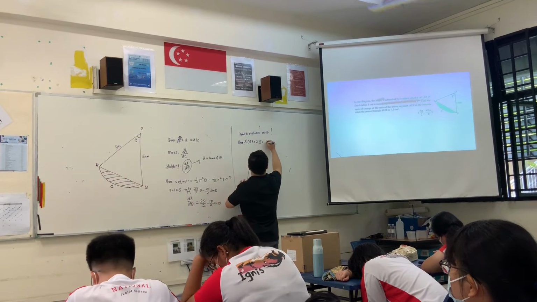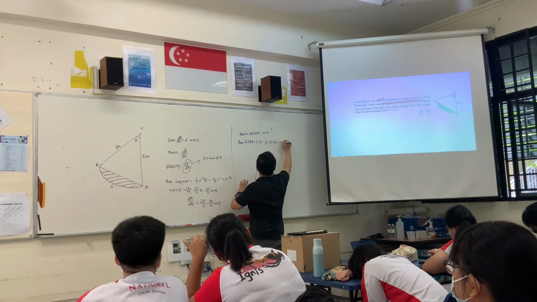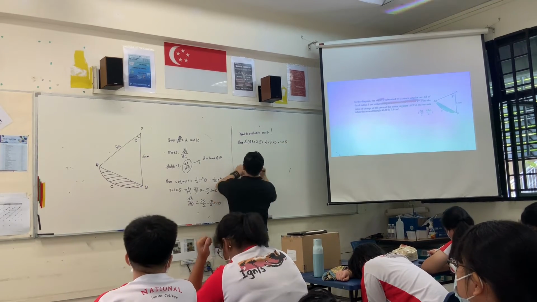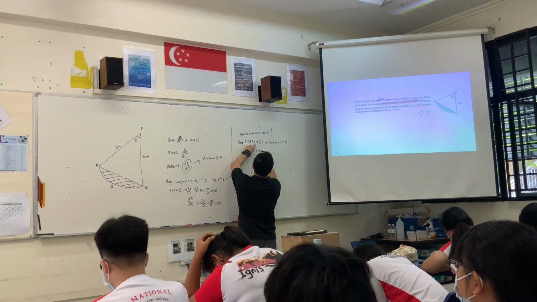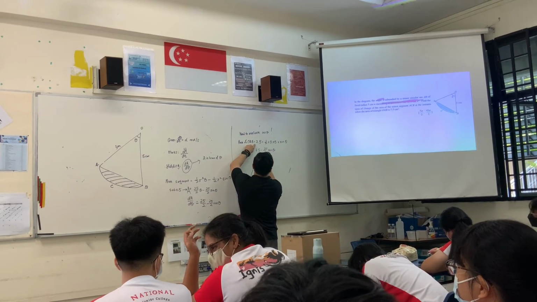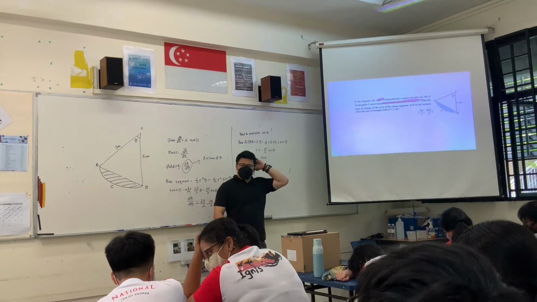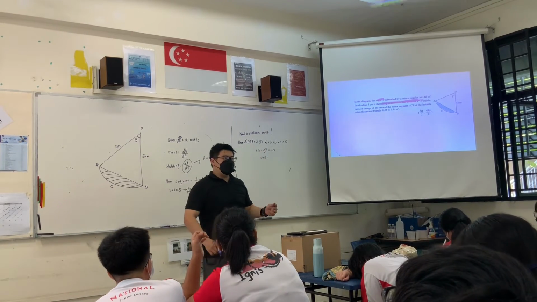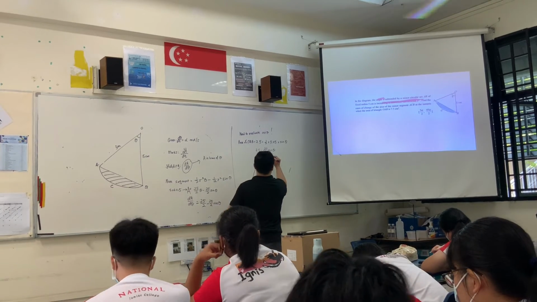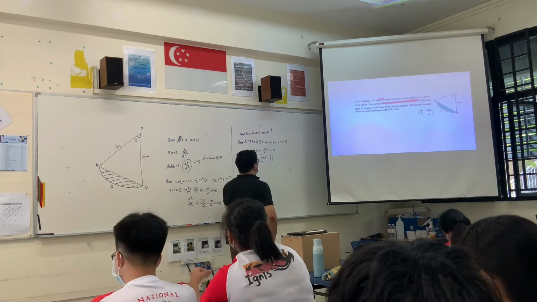So 7.5 here, which is the area, is 25 over 2 sine theta. Now sine theta is equal to 7.5 divided by 25 over 2. Is it 3 over 5? Yeah. So I'm given sine theta.